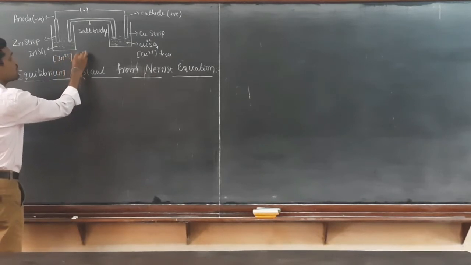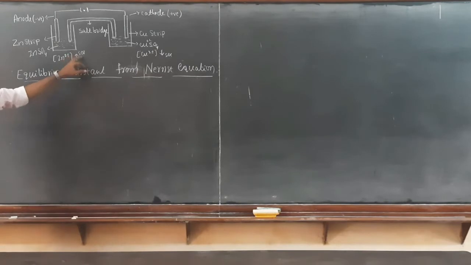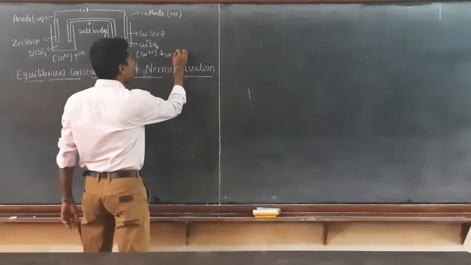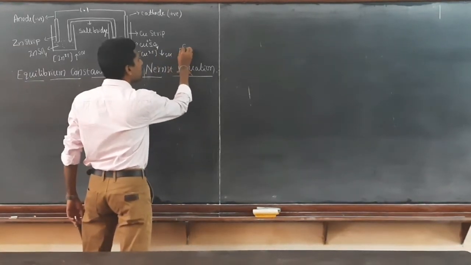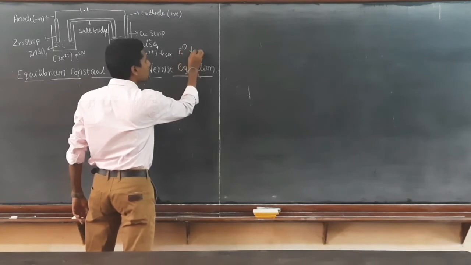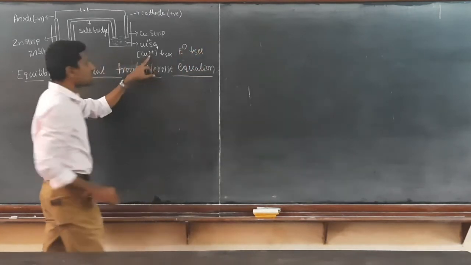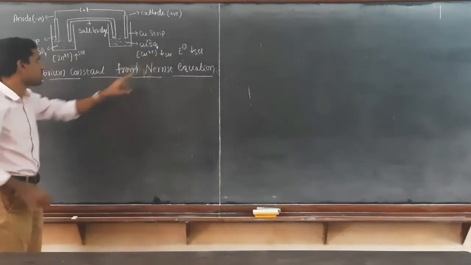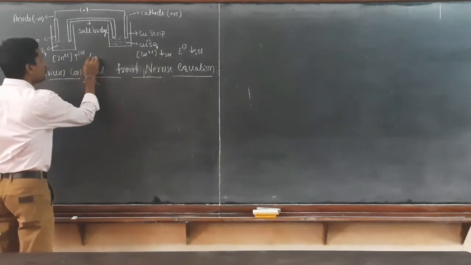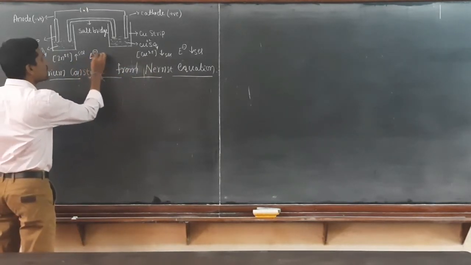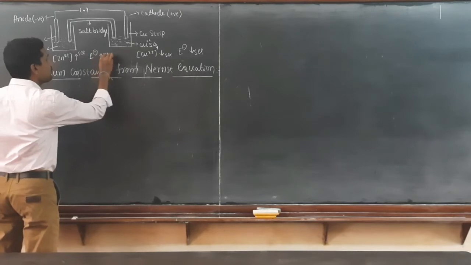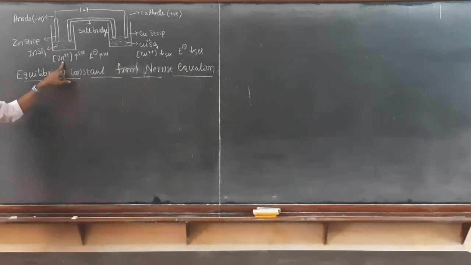So the electrode potential around this cathode decreases because of the decrease in the concentration of cations, and the electrode potential at the anode increases because of the increase in concentration of metal ions present in the solution.